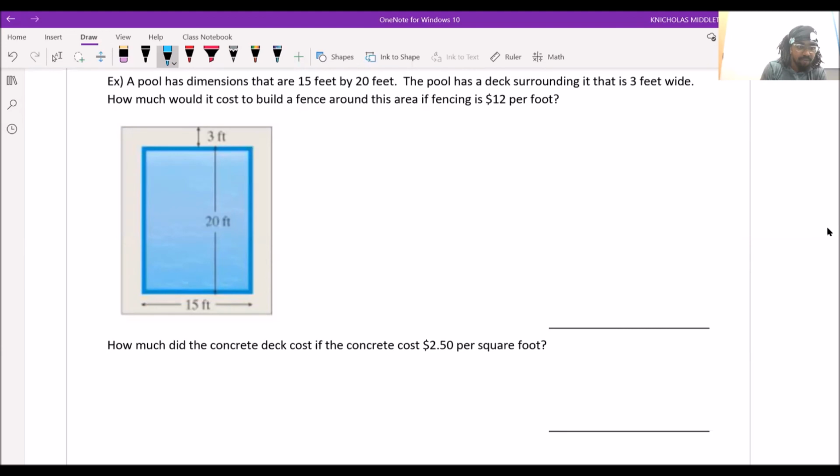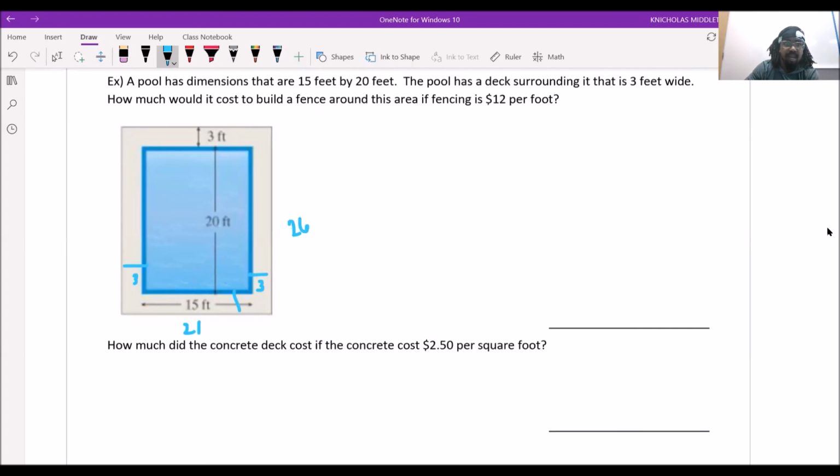And so how wide will this fence have to be? Well, it was 15 feet from end to end of the pool, adding 3 here and 3 here. It'll make this dimension of our rectangle 21 feet, right? Same thing here. This is 3 feet and this is 3 feet. So where it was 20 feet, now this dimension is going to be 26 feet.